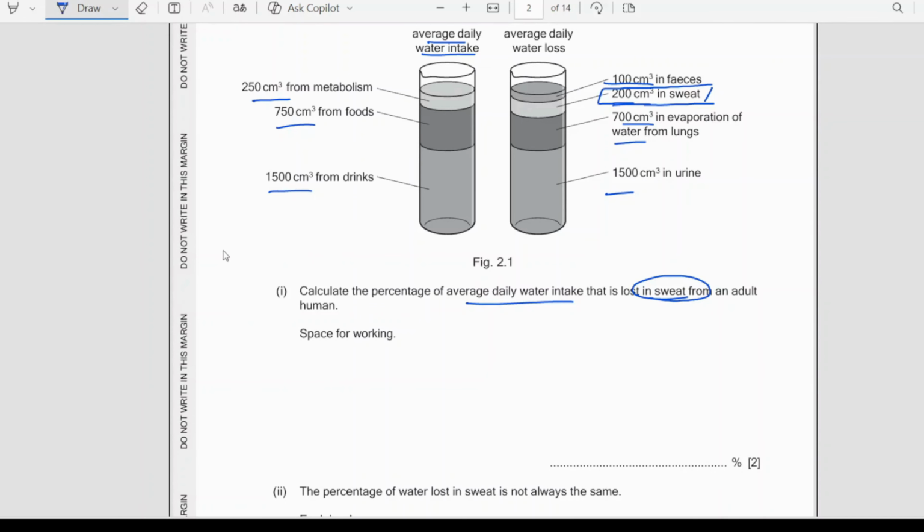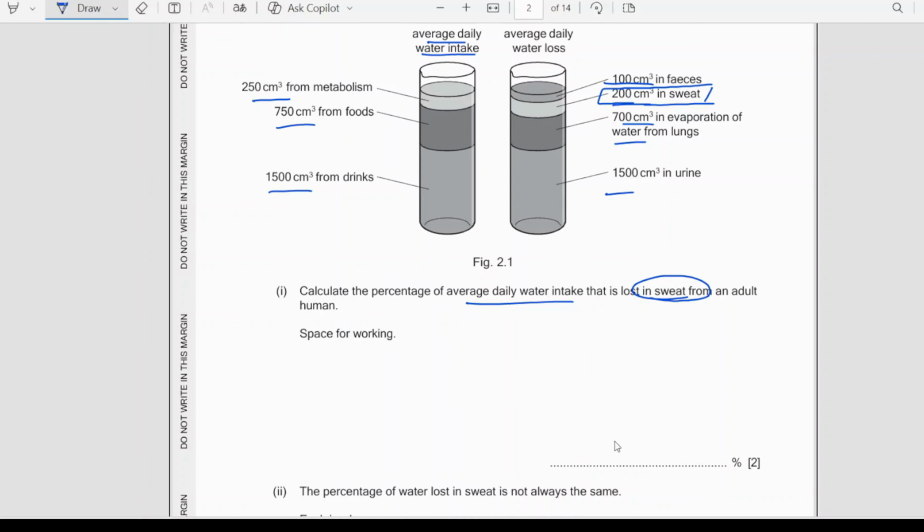Okay, so what would be the value? 23 into 100.